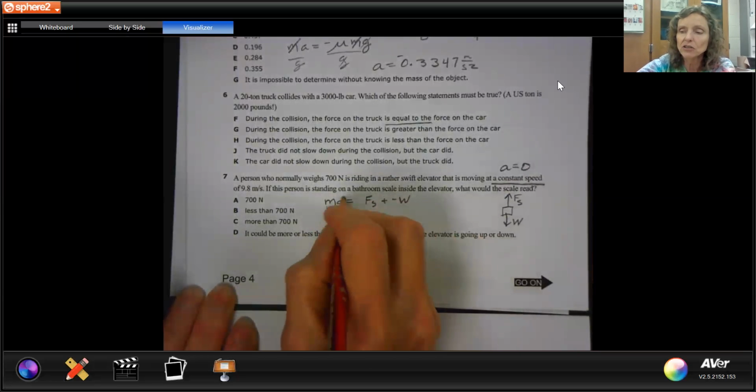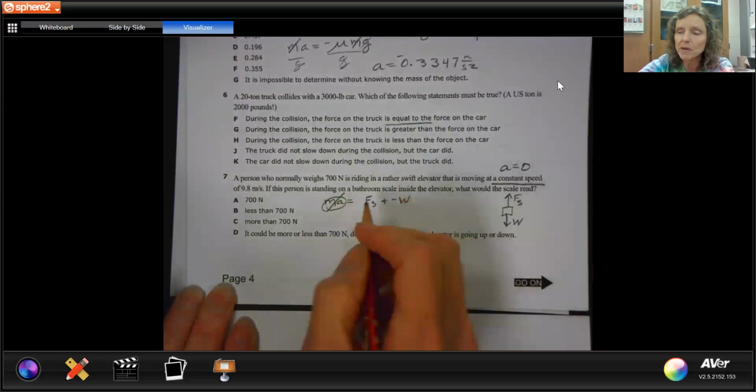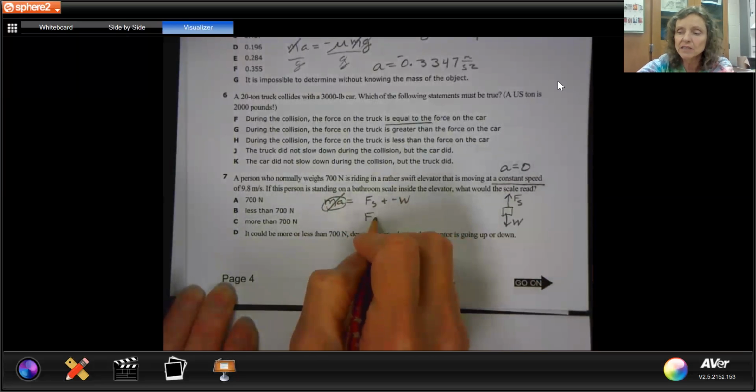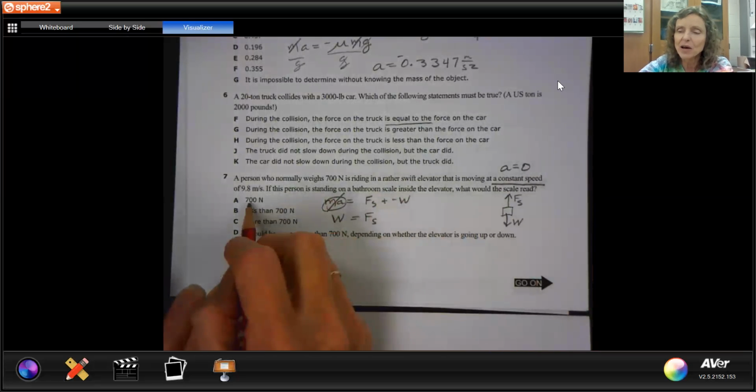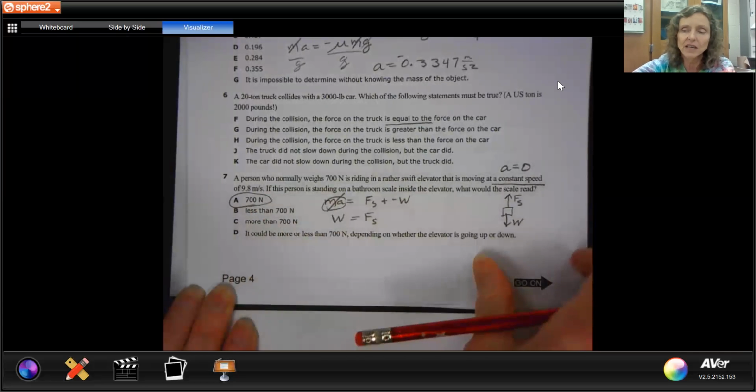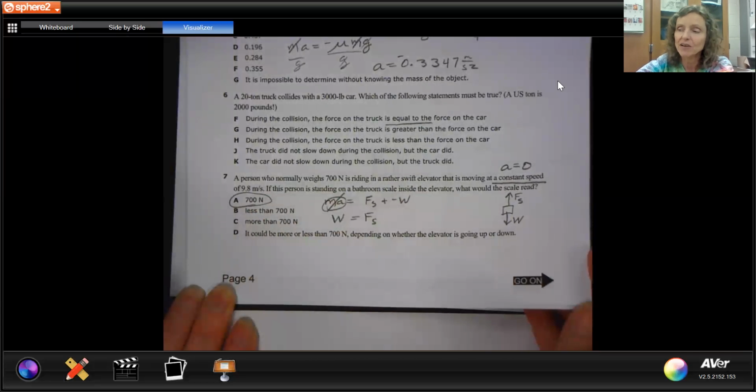And since I've just learned that this is 0 by reading the problem, the force on the scale is going to exactly equal that person's weight. In other words, the bathroom scale is going to work just like it should. So that person has their true weight appearing on the scale, whether they're moving up or down. They are moving at constant velocity. Acceleration is 0.